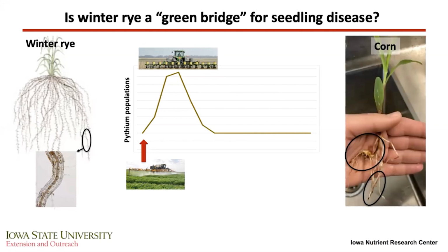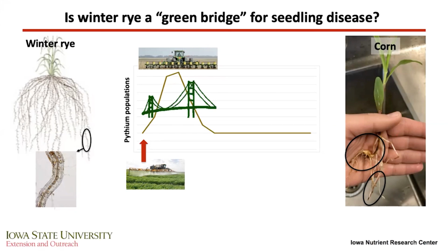And so here on the right, you can see a picture of a corn seedling. You can see that the mesocotyl is rotten and that the seminal roots and the radical root also have some seedling rot on that. So this means that winter rye acts as what we call a green bridge for seedling disease. As those pathogens are released from the roots of the rye and they increase, they're looking for a host.